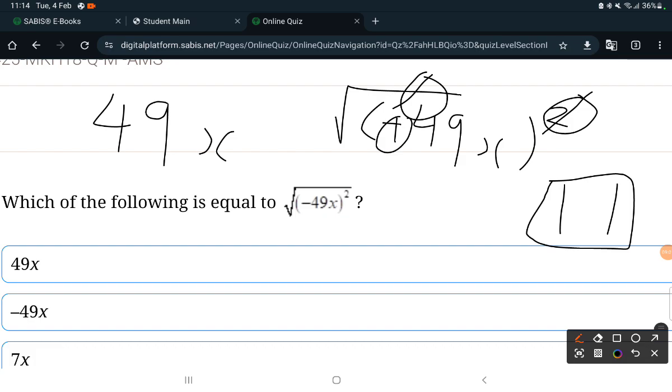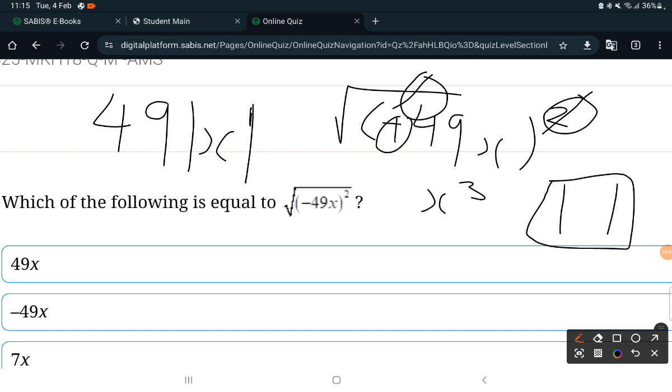You only add it when you have a variable like x, y, z, they're all variables, and that variable has an odd exponent. Like here this is just x, which is x to the power of 1, that's an odd exponent. Like x to the power of 3, that's an odd exponent. x to the power of 5, that's an odd exponent. So you add the absolute value to the answer.